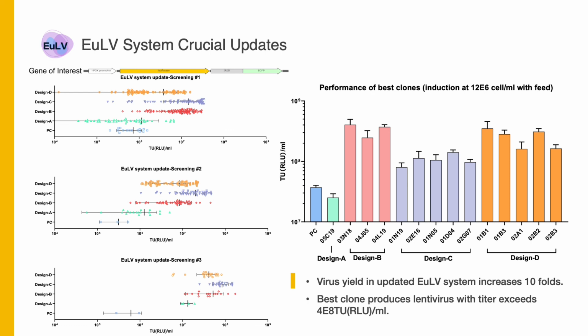After several rounds of screening, from 384-well plates to a suspension culture, clones from design B, design C, and design D all have a titer higher than 100 per mil, and the 03 and 18 clones from design B and the 01B1 clone from design D were the best clones with titer higher than 400 per mil.